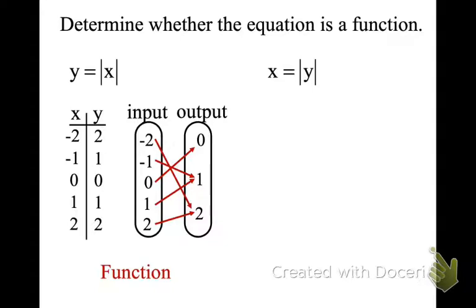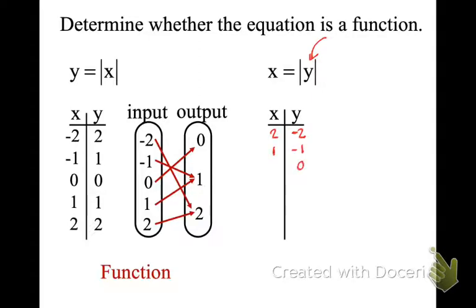If I make x the output and y the input, I switch it around. This time I'm inputting for the y and my output becomes the x. So if I have -2, then that would mean that x is 2. If I have -1, that means it's 1.